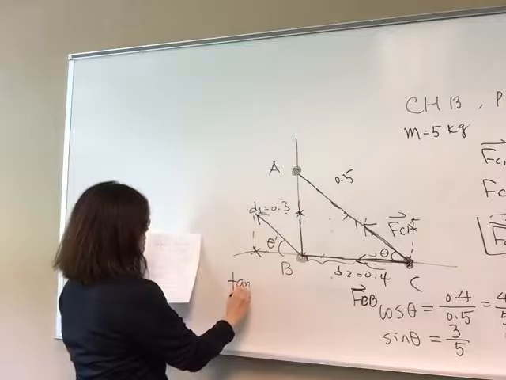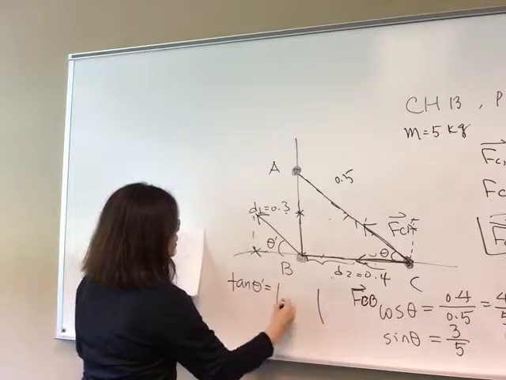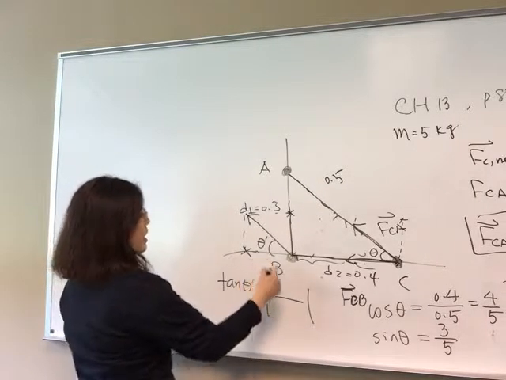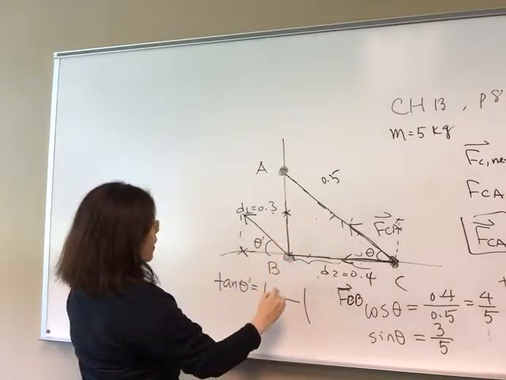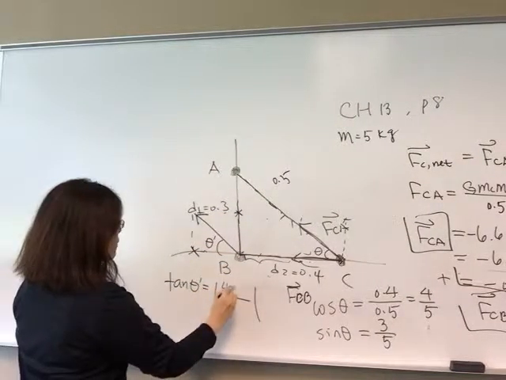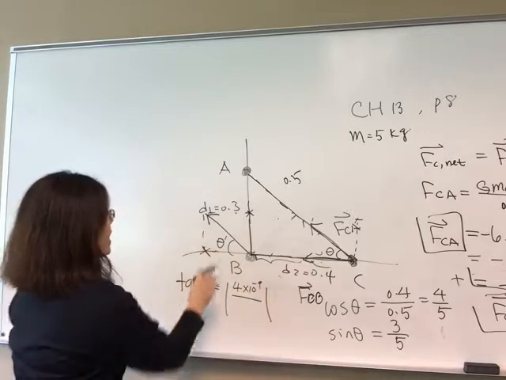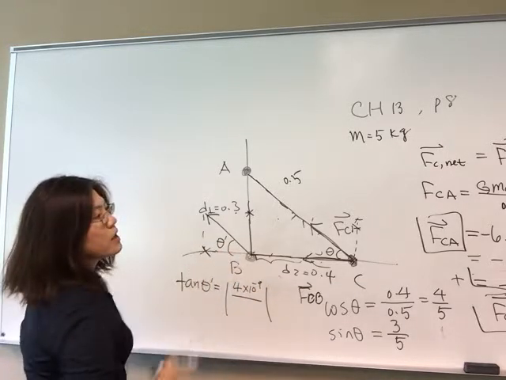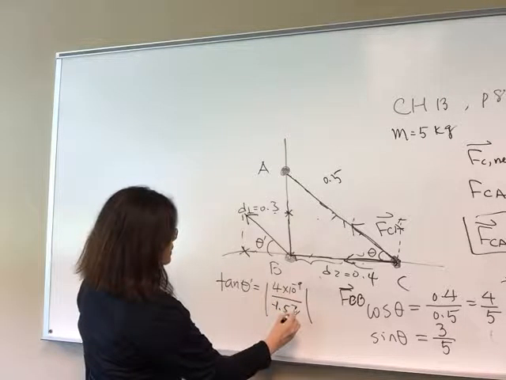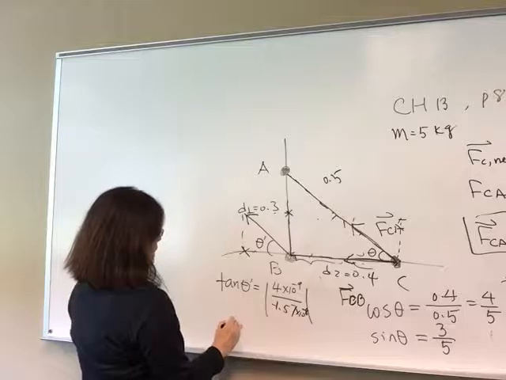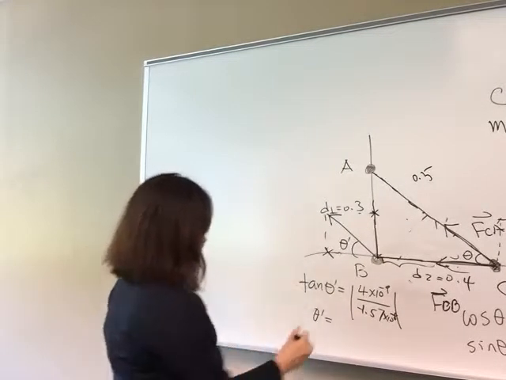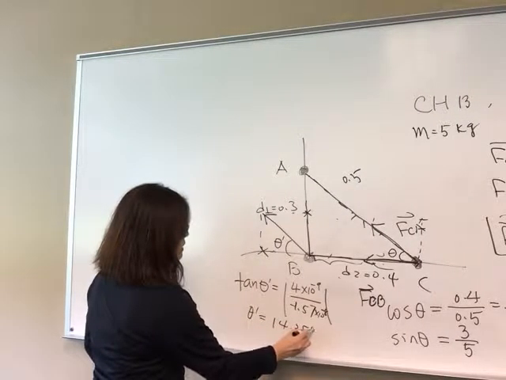So tangent theta prime, remember we're using small angle, so you drop the negative sign. That will be the y component, roughly 4 times 10 to the negative 9, over the x component, 1.57 times 10 to the negative 8th. After you punch it into the calculator, your theta prime should give you 14.25 degrees.